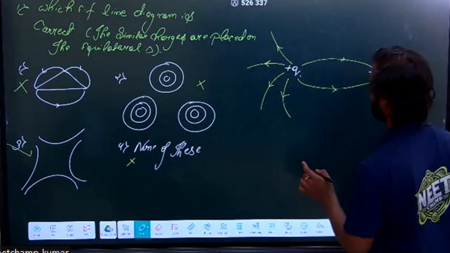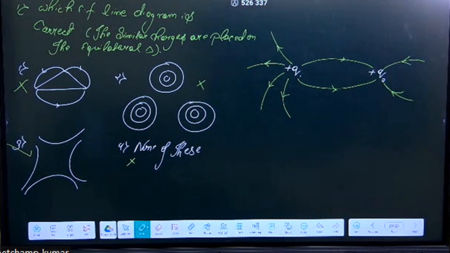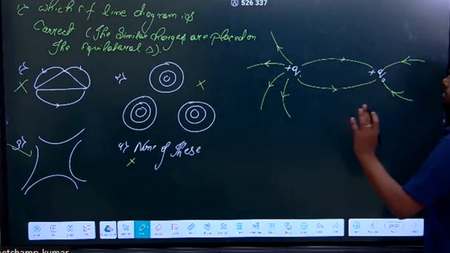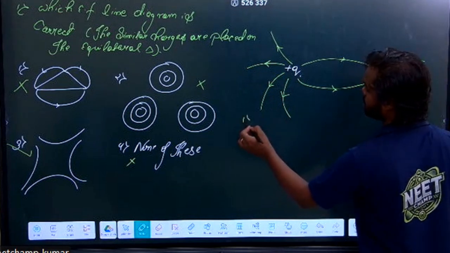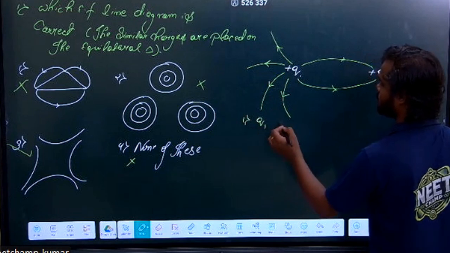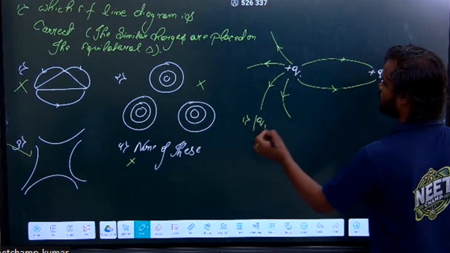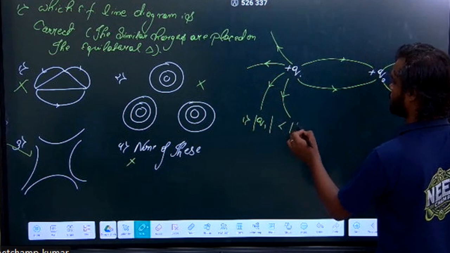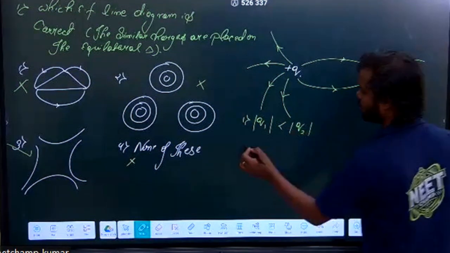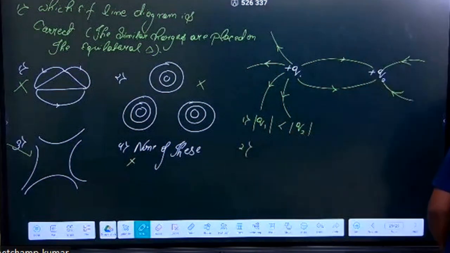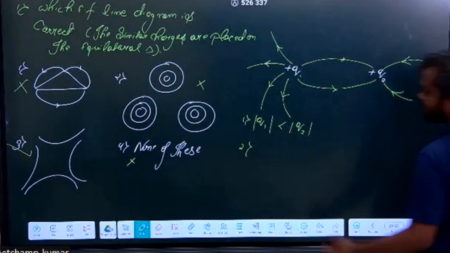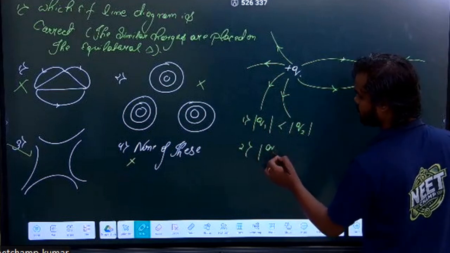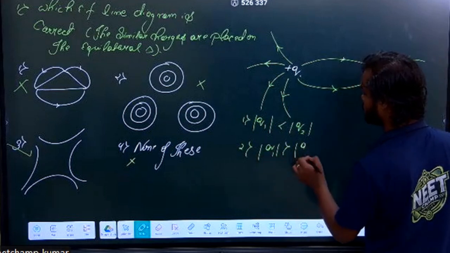My question is that, first, Q1 is less than Q2 in magnitude. Second, Q1 is greater than Q2.